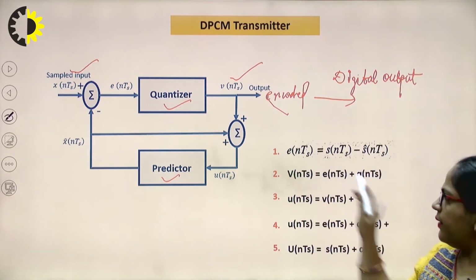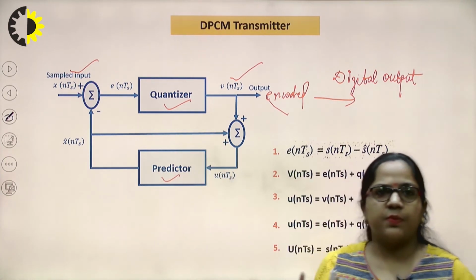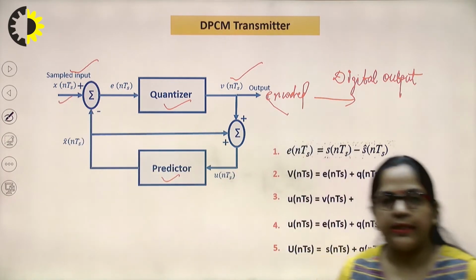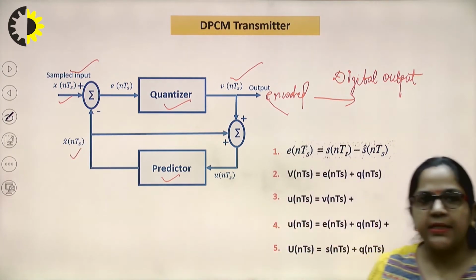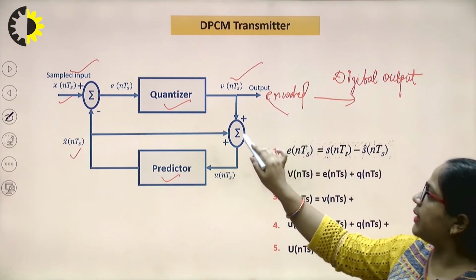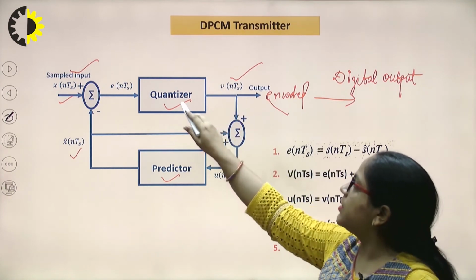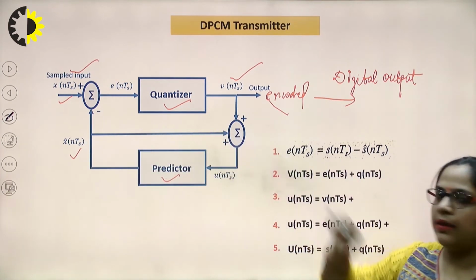Okay, so here we have some equations with the help of which we can discuss the working of this DPCM transmitter. The sampled signal will be indicated with x(nTs). Here the predictor output will be indicated with x cap (nTs). Here we have a summer that will provide the summation of the quantized output and the predicted output.